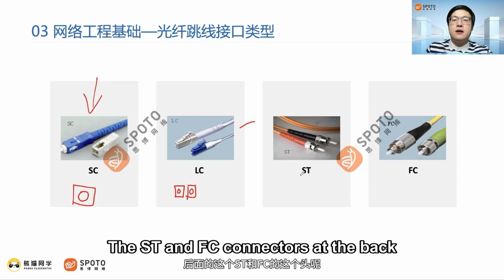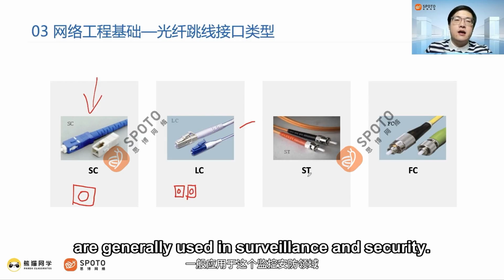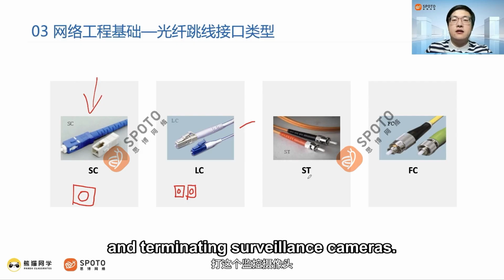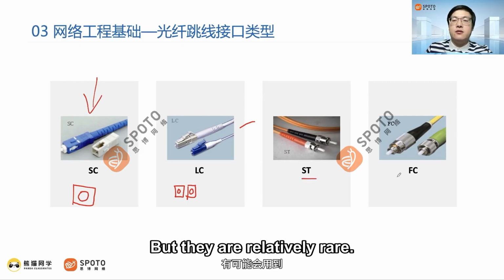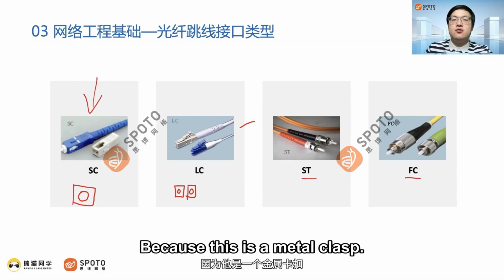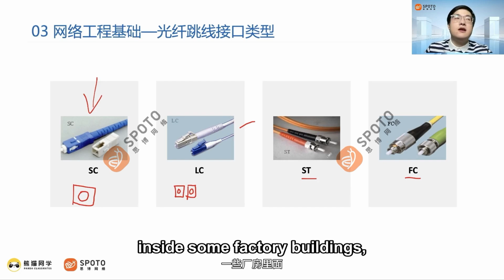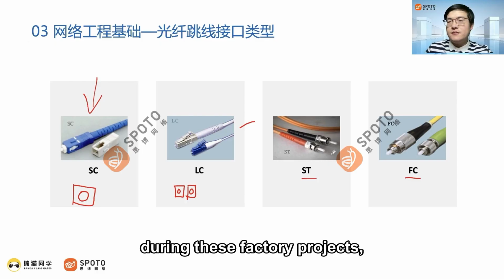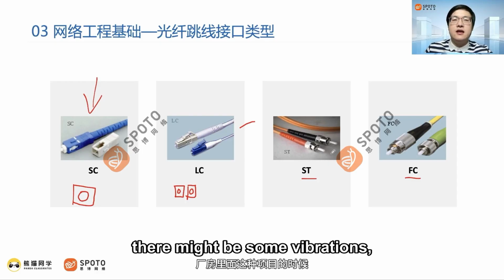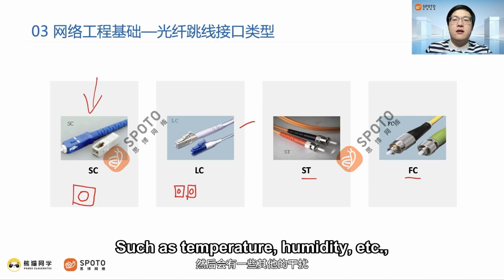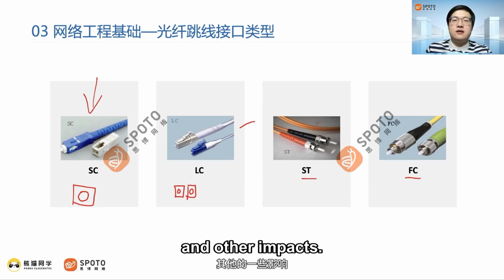The ST and FC connectors at the back are generally used in surveillance and security, for making RJ45 connectors and terminating surveillance cameras. In these kinds of applications, they might be used, but they are relatively rare because this is a metal clasp. In some engineering projects, inside some factory buildings, there might be vibrations and other kinds of interference, such as temperature, humidity, and other impacts.